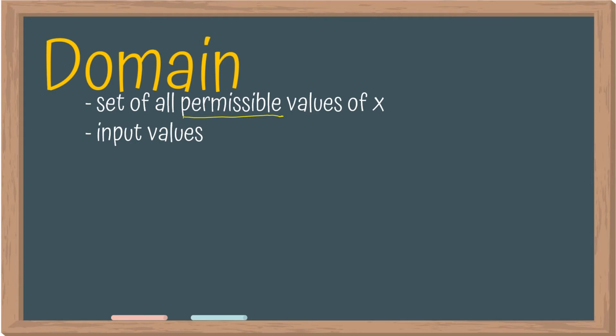So this will not include undefined as well as imaginary numbers. Undefined is a result of division by 0, and imaginary numbers are a result of getting the square root of a negative number. These are what we call the restrictions that we need to consider.